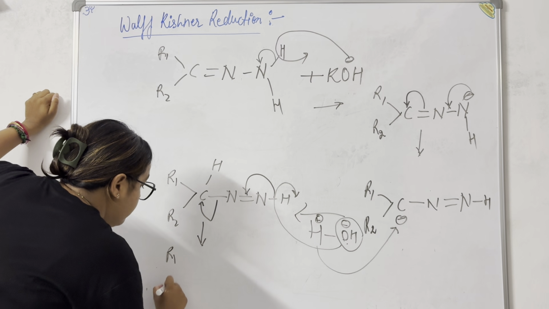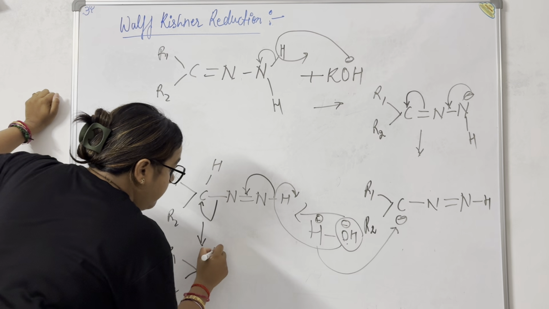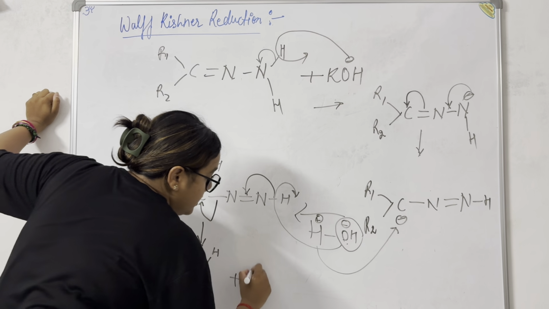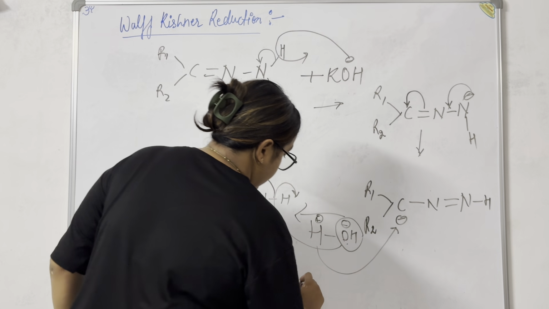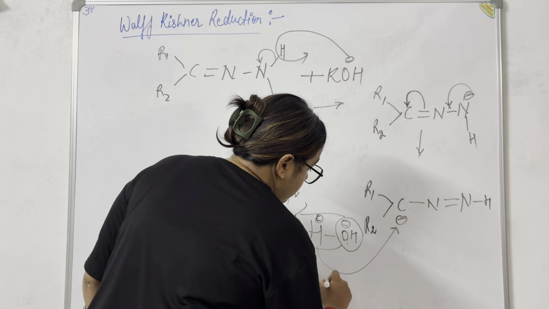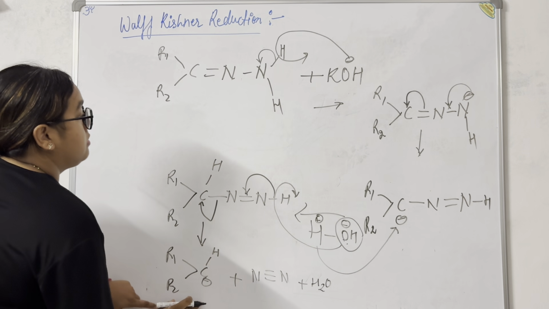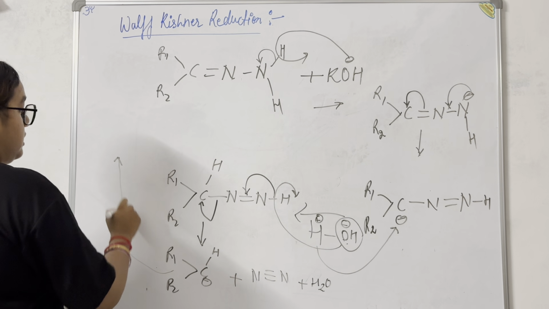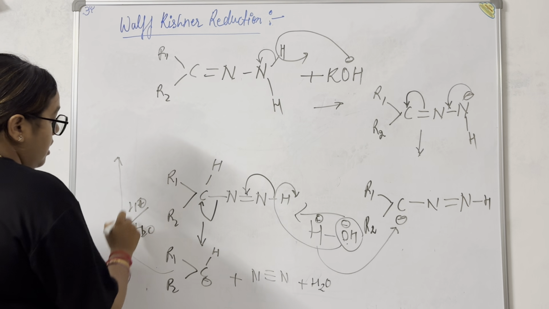So we get R1, R2, C negative plus a triple bond N plus H2O. Yes, ultimately we have H2O now. Now this structure cannot be stable in the presence of H positive ion or water.